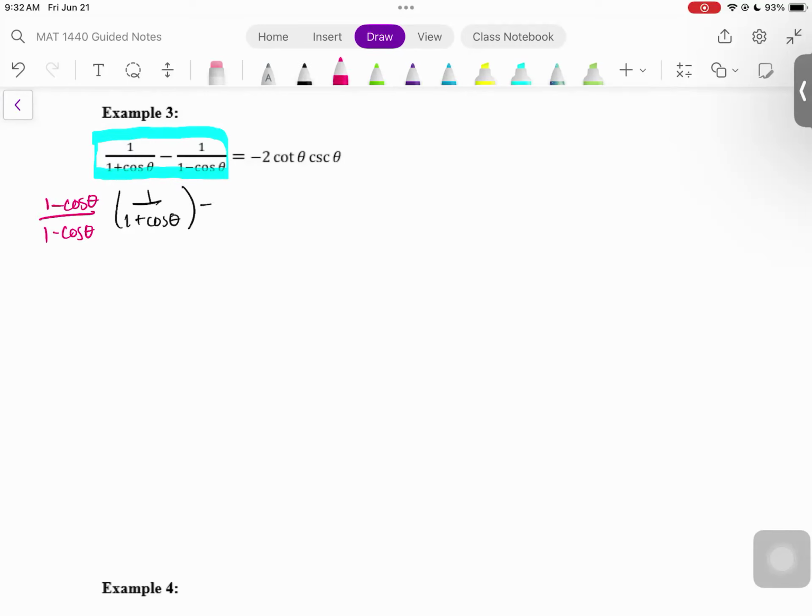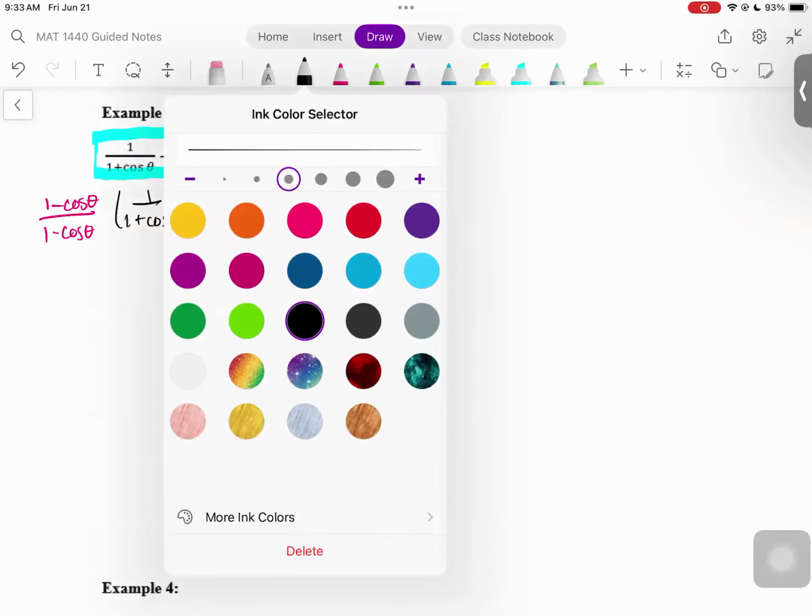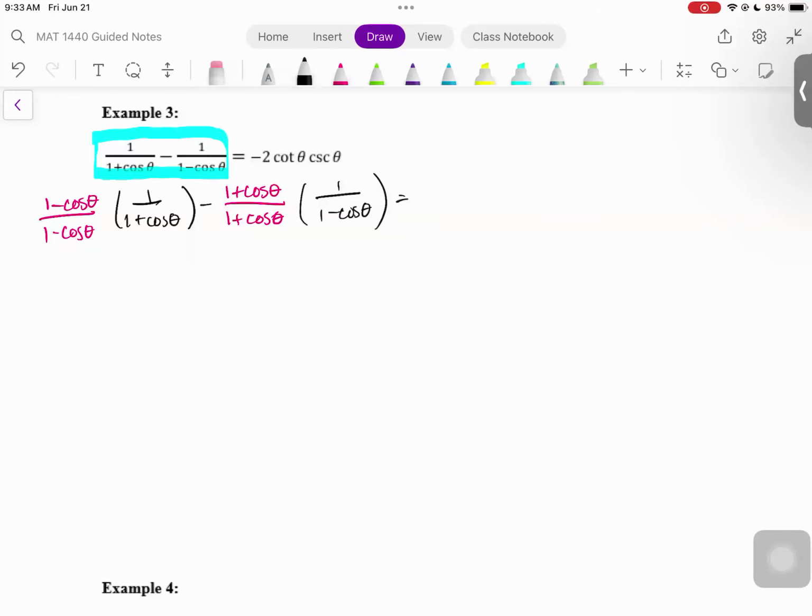I'm going to multiply my second term, the 1 over 1 minus cosine theta, by 1 plus cosine theta over 1 plus cosine theta. And the right side is negative 2 cotangent theta times cosecant theta.